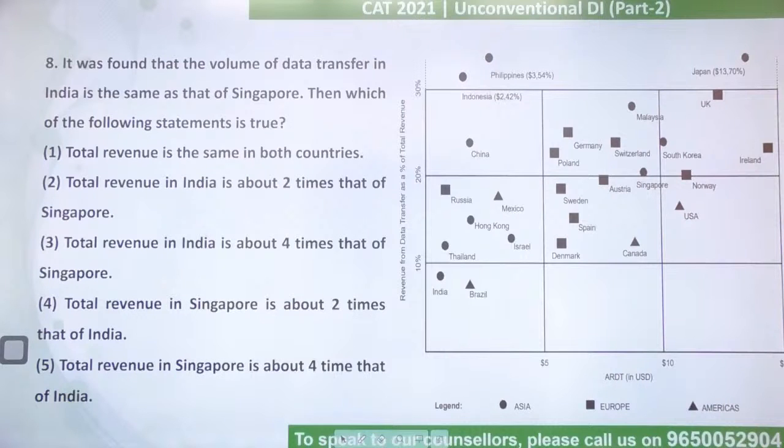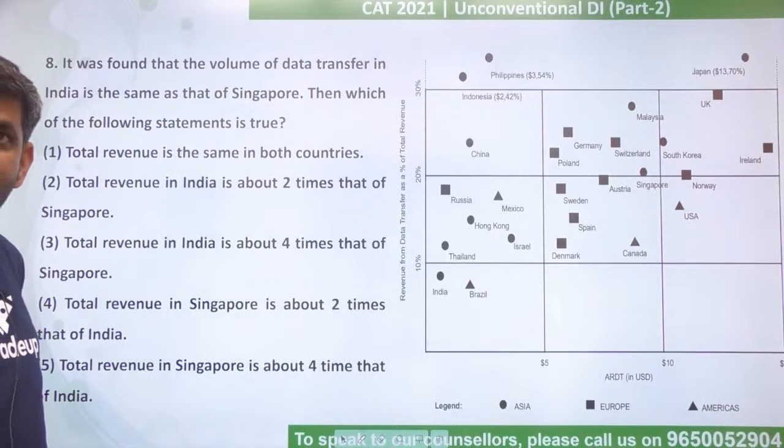I'm still waiting for the answers from other guys. Kriti Jain also says 3. Syed also says 3. The answers are not coming at the speed at which they came earlier.